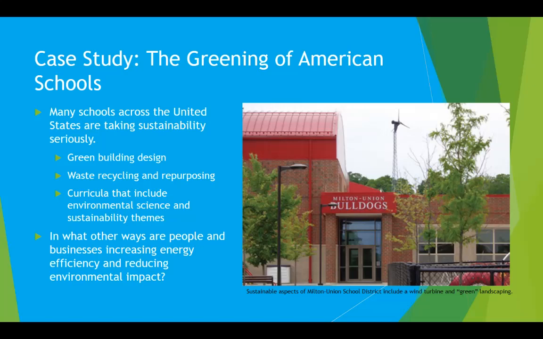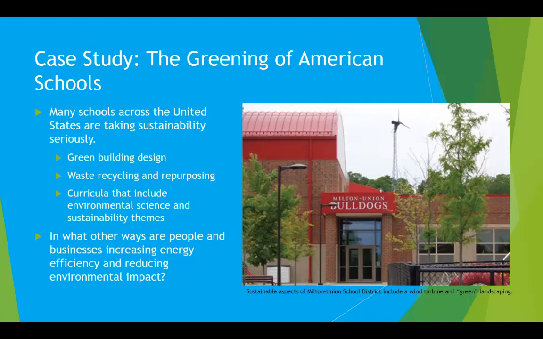So, what other ways are people and businesses increasing energy efficiency and reducing environmental impact? I want you to start with Willamette. Think about what programs we have that are sustainable. And then I want you to take a step backwards and think about how the city of Eugene is working towards sustainability. And then one more step back and how Lane County is working towards sustainability.